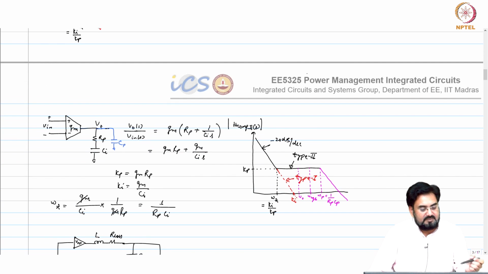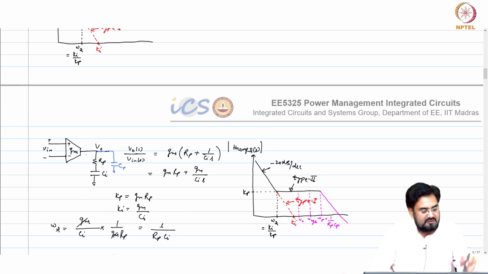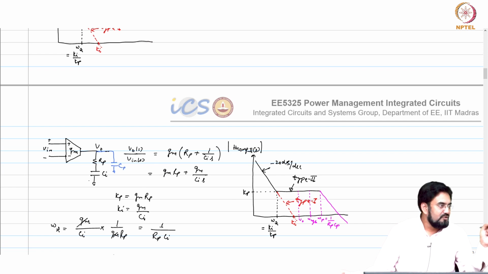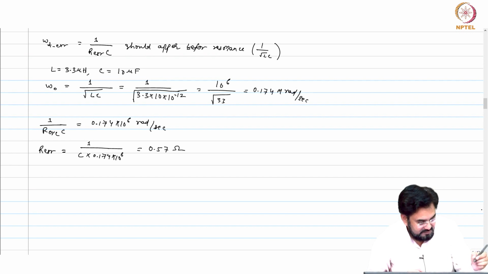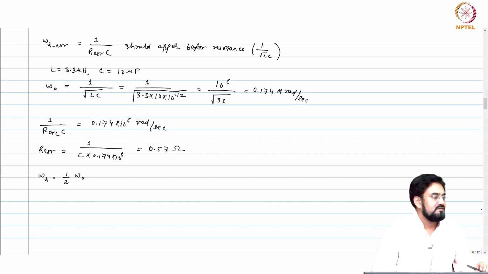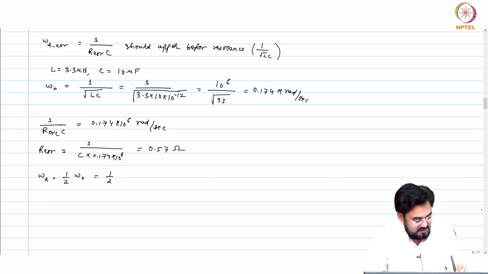And the assumption you have to make, because there are so many unknown components here, is either you fix the GM, once you fix the GM, then CI will decide your integral gain, and 1 over RP CI will decide the 0 location. So let us say I want to put omega z equal to half of omega naught, which means half of square root 1 over LC.